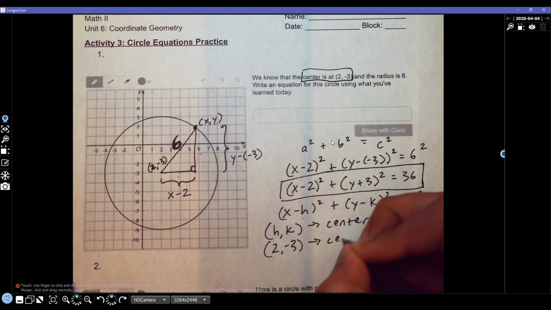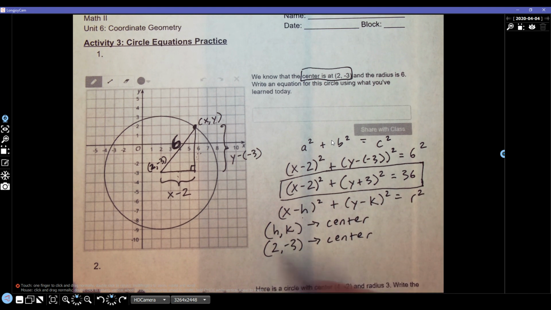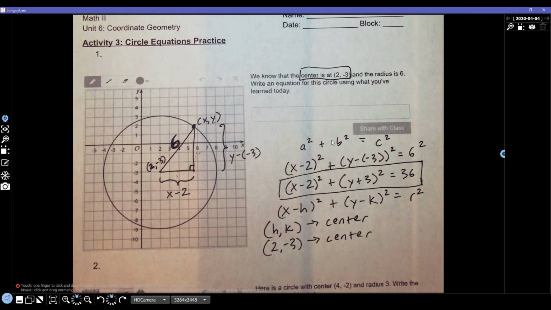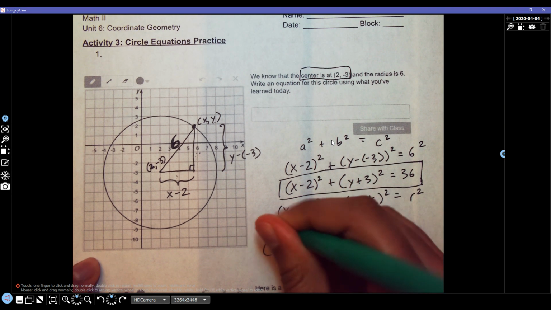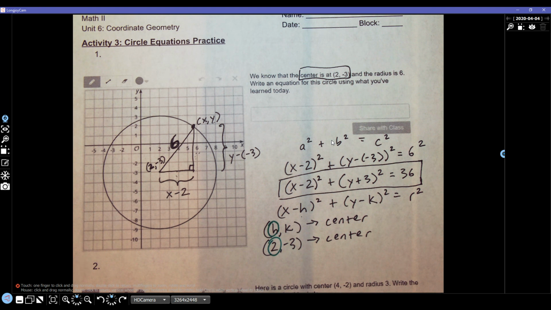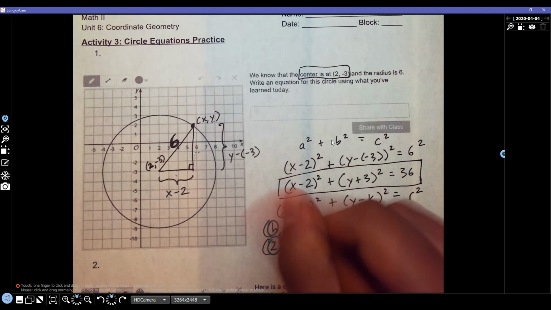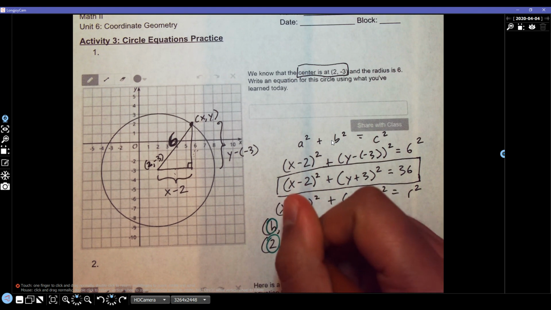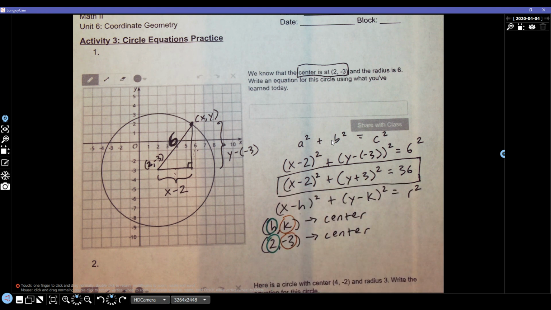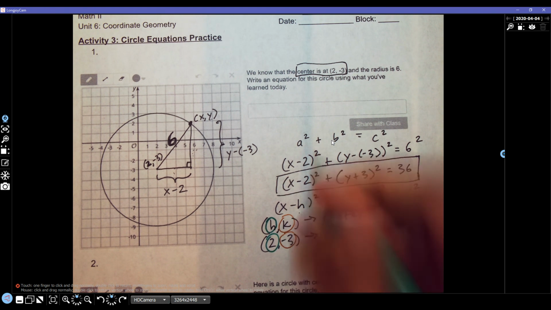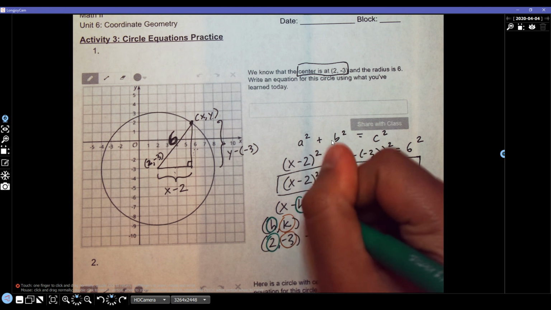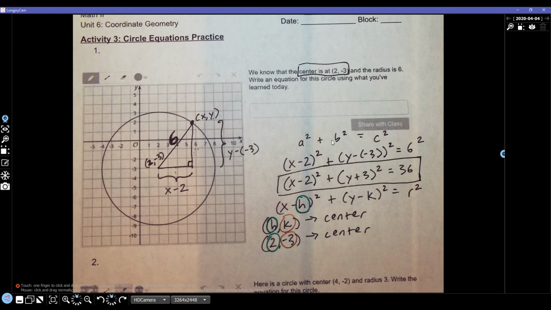So think of 2 as being our h value here. So I'm going to circle these two. And then think of -3 as being our k value. So then you can just go ahead and plug those in to your equation wherever you see h and k.